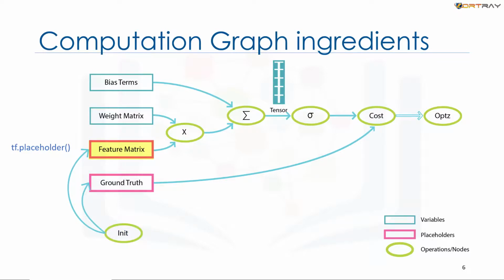Let's look at another operation which builds the variables for our program. In this graph, weight matrix is a variable. TensorFlow variables are used to share and persist some values that are manipulated by the program. Please notice that when you define a placeholder or variable, TensorFlow adds an operation to your graph. In our graph, weight matrix and feature matrix should be multiplied using a multiplication operation. After that, add operation is called, which adds the result of the previous operation with bias term.